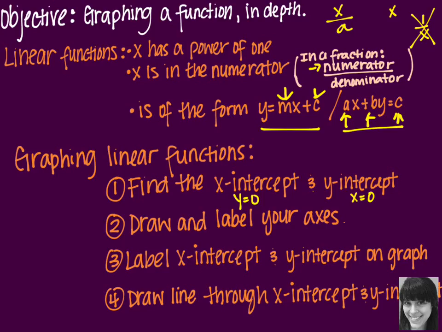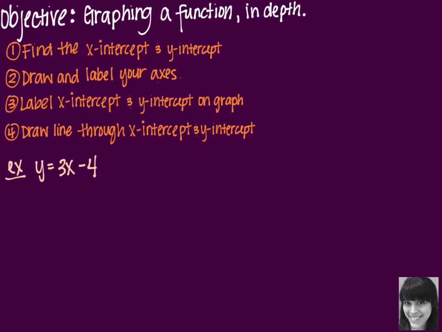Now, we're going to do an example. I have the instructions on the next page as well. Okay? So, this is our example. We have y equals 3x minus 4. Now, notice that this is in the y equals mx plus b form. The m is 3, the b is negative 4.